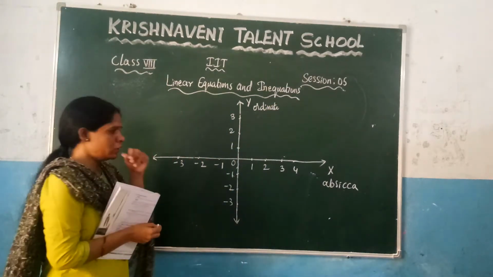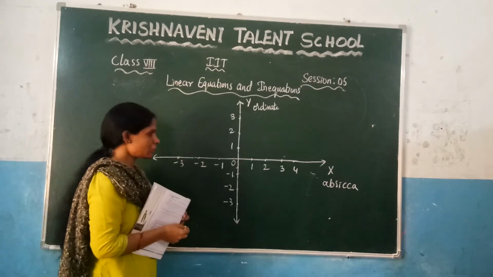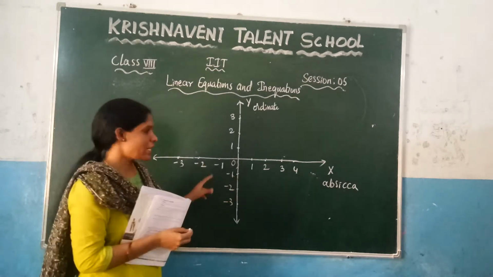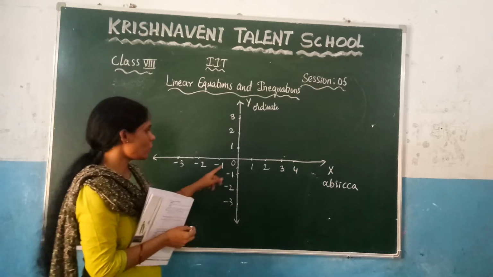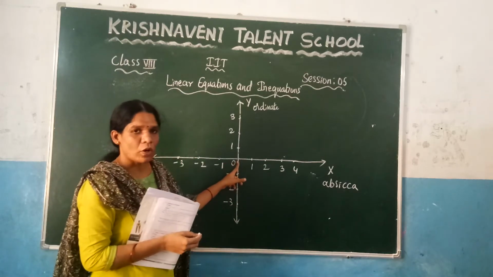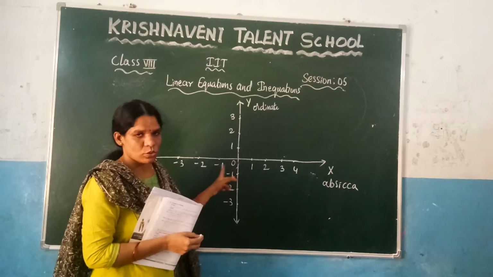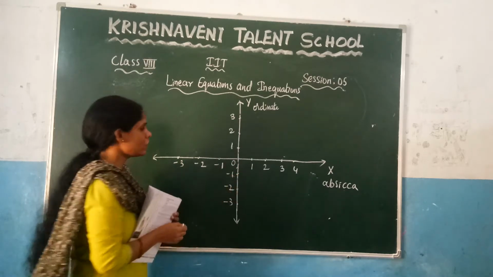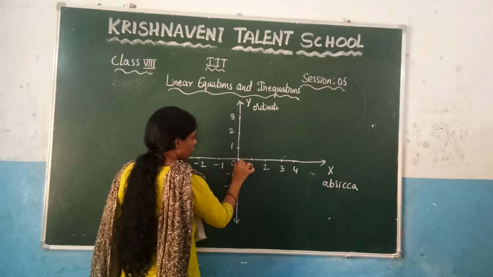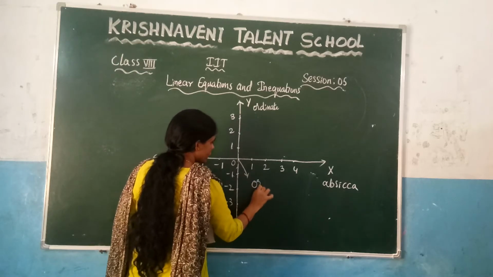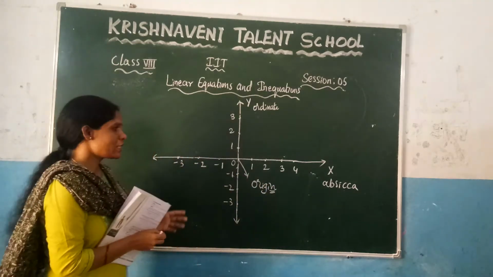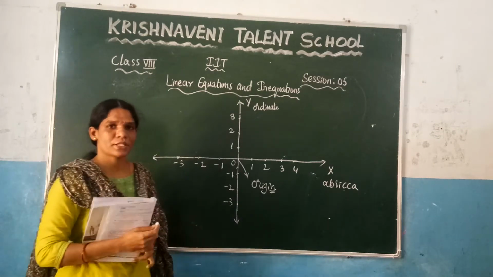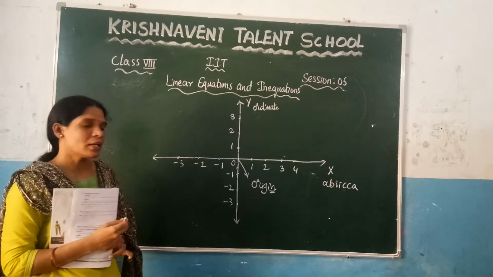The x-axis and the y-axis intersect at one point. What is that point? It is the point 0. That intersection point, we call the origin. So this is the representation of the coordinate axis on a plane.